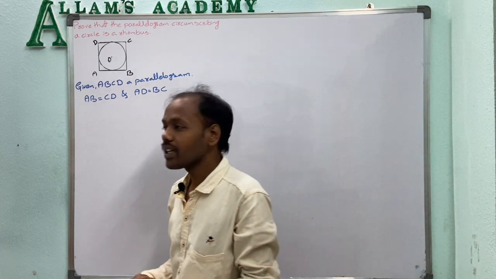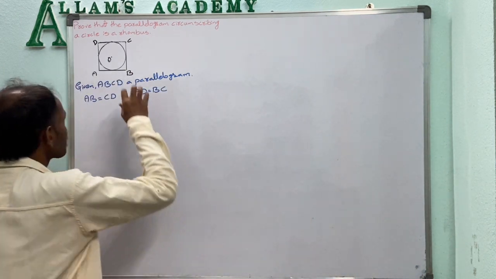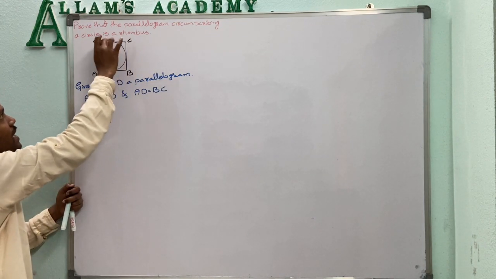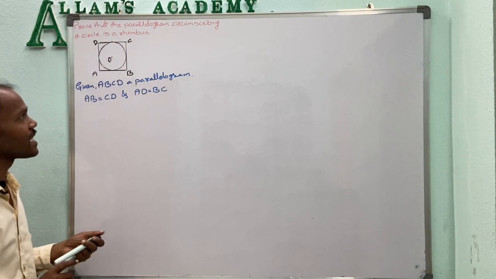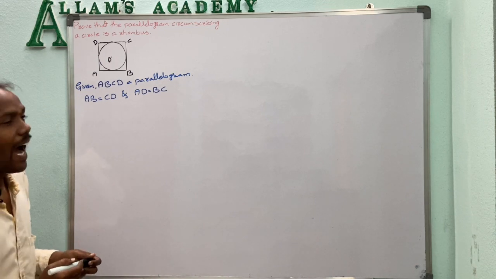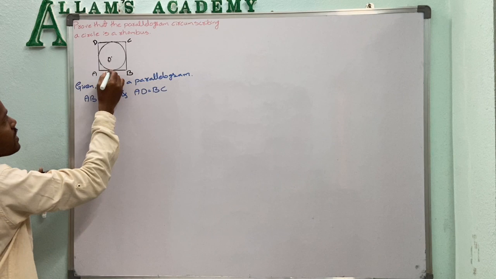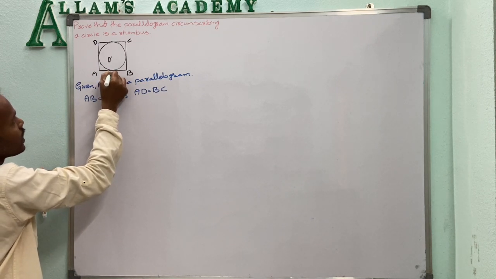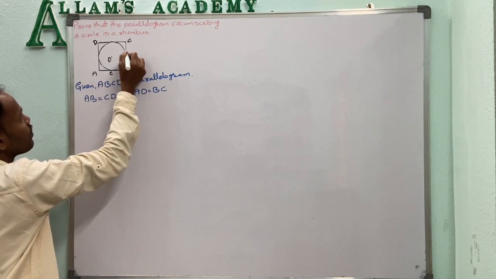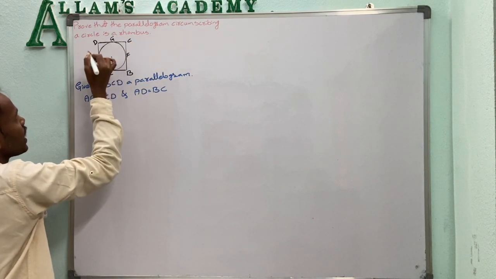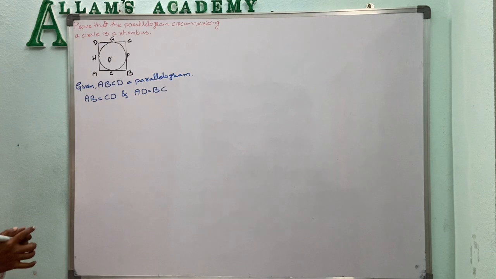For proving that, if we observe this circle, AB, BC, CD and DA are just like tangents, and the contact points are E, F, G, H.